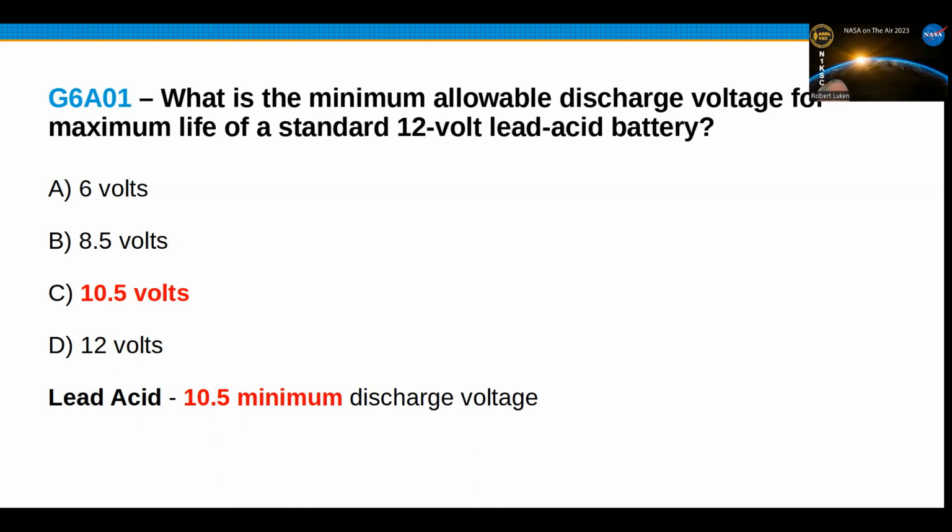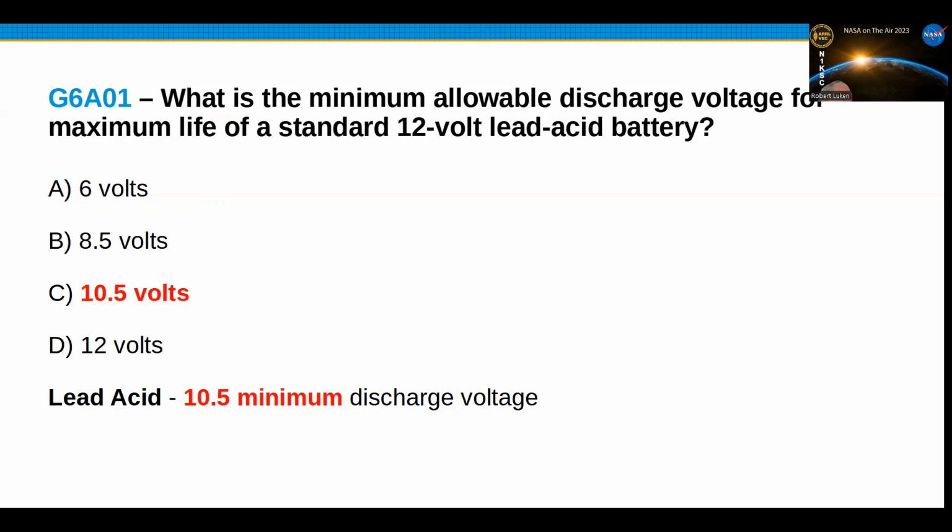And if you let it go below 10.5, make sure you've got a desulfating pulse charger. I have salvaged more motorcycle and airplane batteries using a pulse charger.